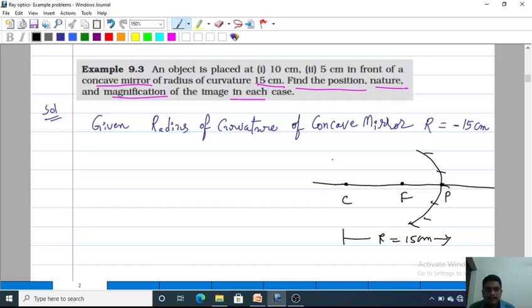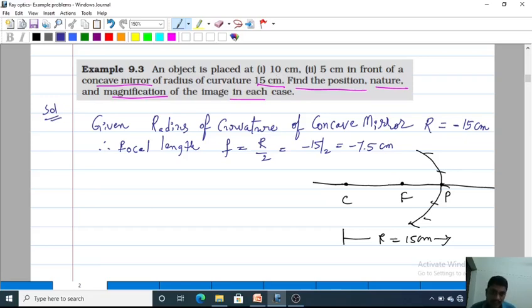Okay, so it is given that r is equal to minus 15 centimeter. Therefore the focal length f is equal to r by 2, that is equal to minus 15 by 2, that is equal to minus 7.5 centimeters.